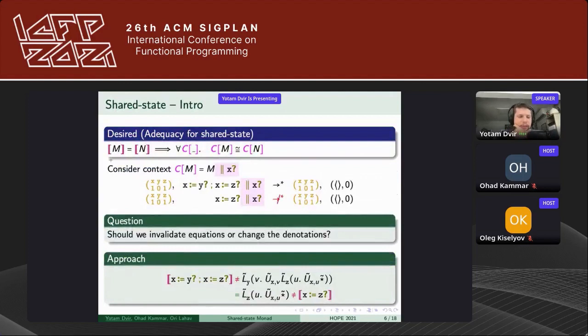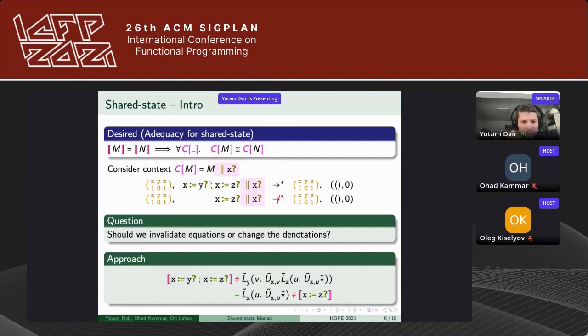So we want an adequacy theorem for shared state. It looks exactly the same, but the programs are different, right? And it's no surprise that something will go bad. So consider this context where we run M in parallel to looking up X. And if we consider the two programs from before, one possible run we could start with this state, with this program, is X being looked up in between these two commands.